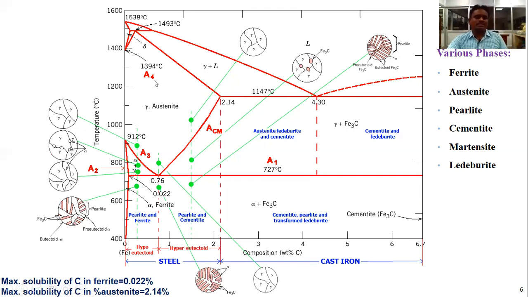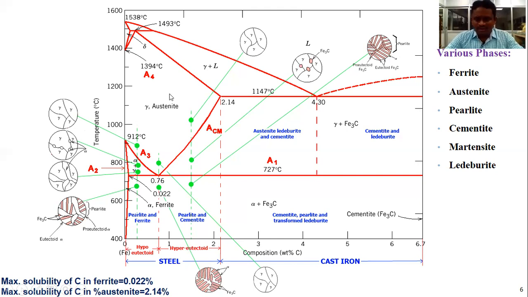As compared to alpha iron, gamma iron has great vacancy in between two atoms in the FCC crystal structure, so it can absorb a large amount of carbon with iron atoms.